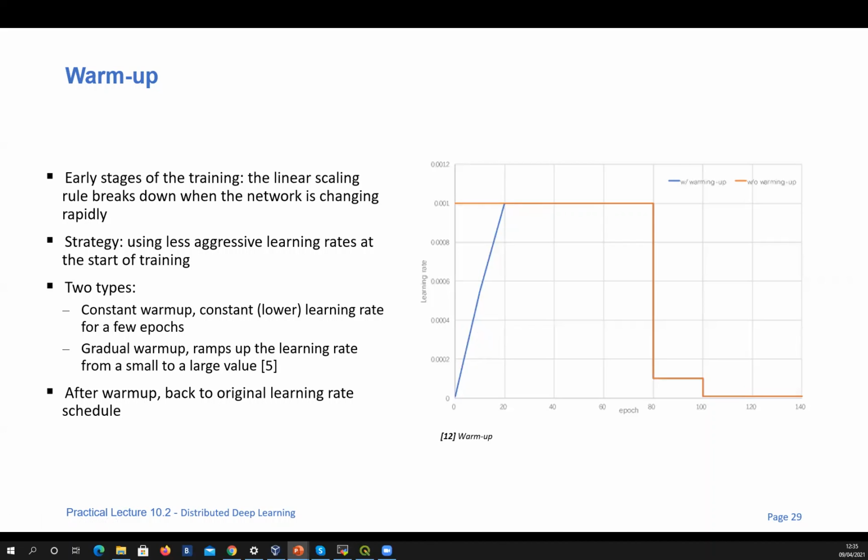You do so to reduce the oscillations of your model in the early stage of training, and so avoid instability.